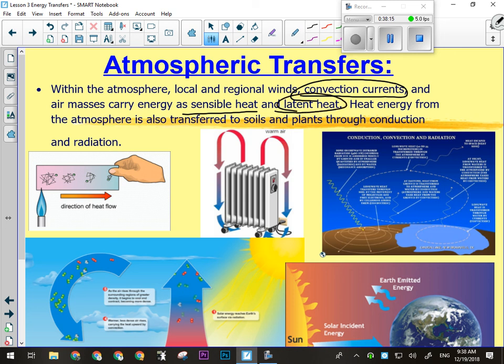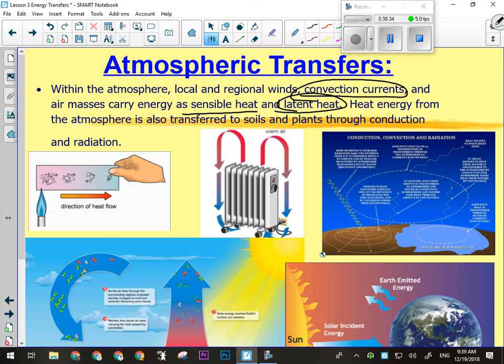Right? Latent heat comes from where again? Right, stuff that's in the water cycle. We evaporate water from somewhere and that water vapor moves from one place to another. That's latent heat. Convection also helps to move that, because convection is, again, the mechanism that gets the air moving.